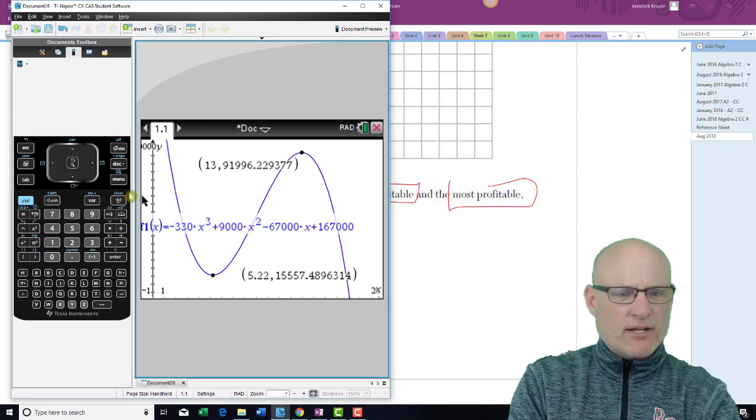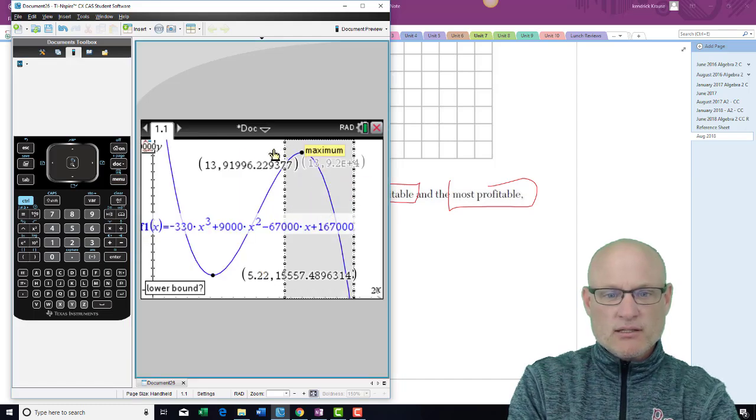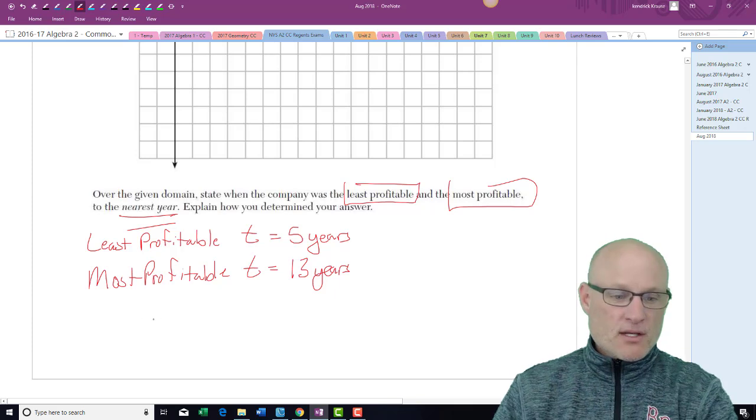I feel like I didn't find the max right. Menu, analyze graph, maximum, click. Yeah, there it is, 13. Okay, so 13 years.